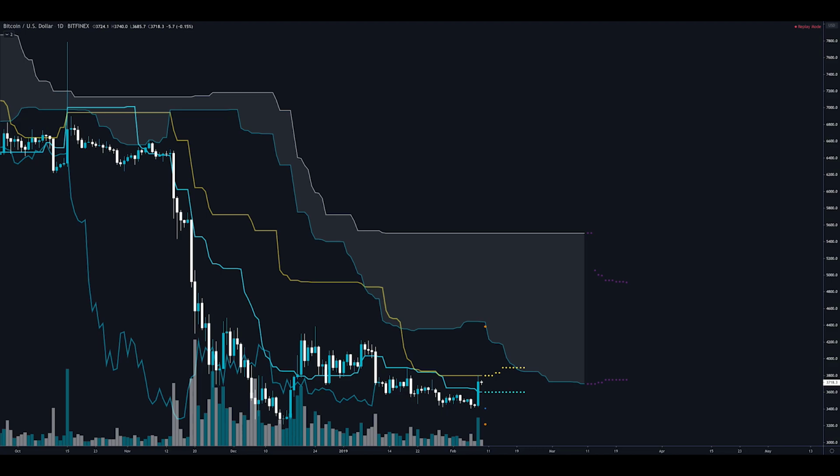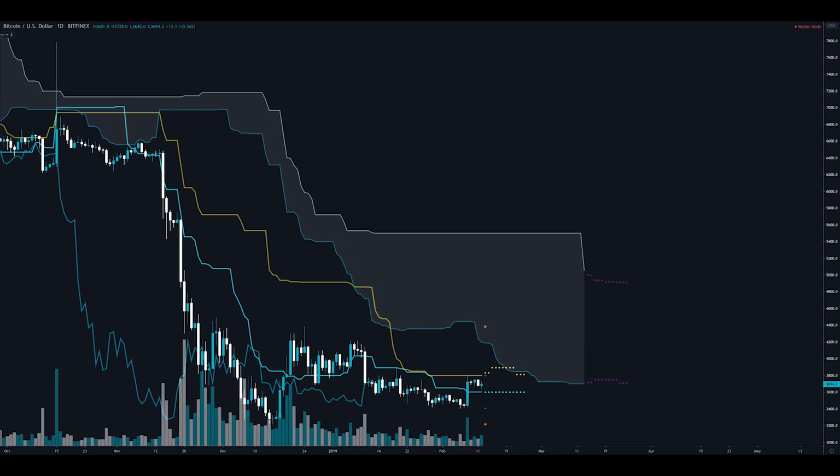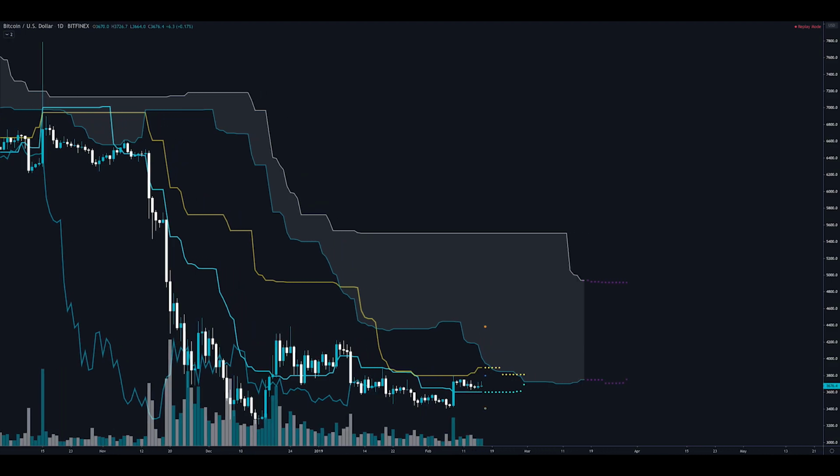Sellers are getting ready. So again, price right now is consolidating under the Kijun, and we see that with this bull flag formation, right? So right here already, if you've been paying attention to the classical chart patterns, we'll notice that this is a bull flag formation, right? And potentially an access point to take a long position.